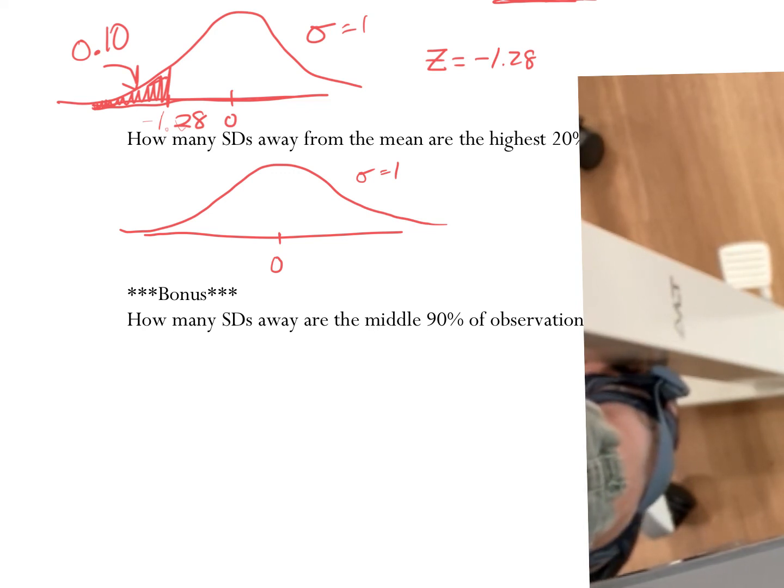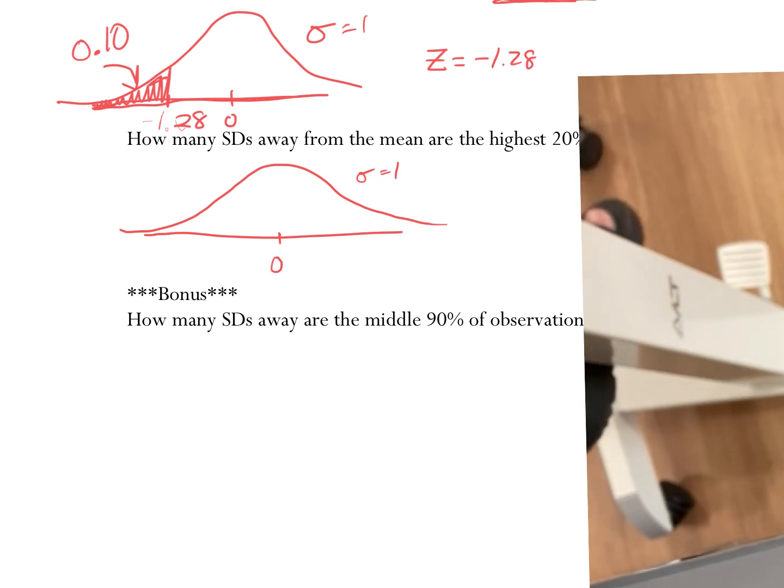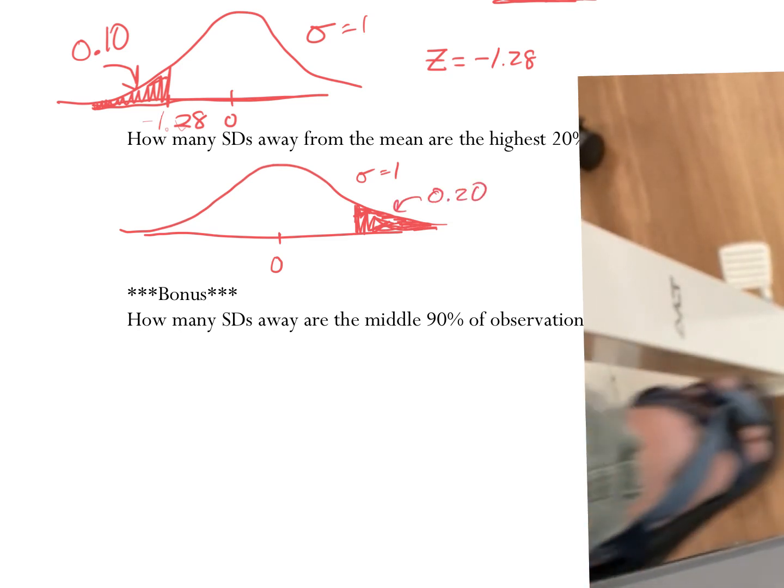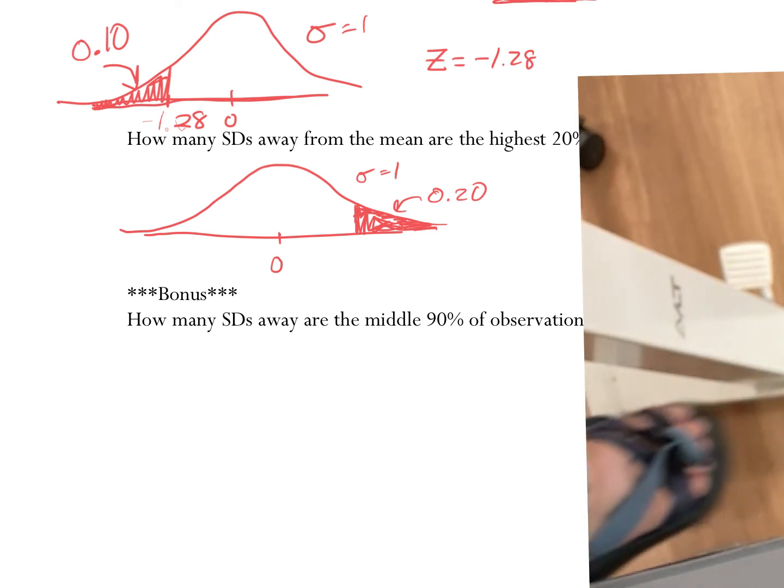Where would I color for the highest 20%? To the right? So I'm going to start on the right and work my way down, yeah? Tell me when I'm at approximately 20%. Okay? And I know that this area is 0.20, yeah? Yes.